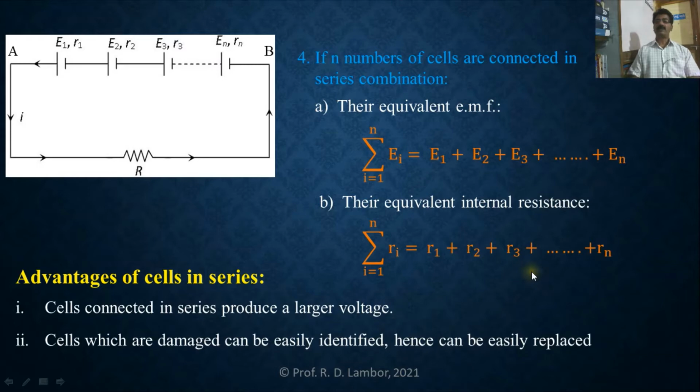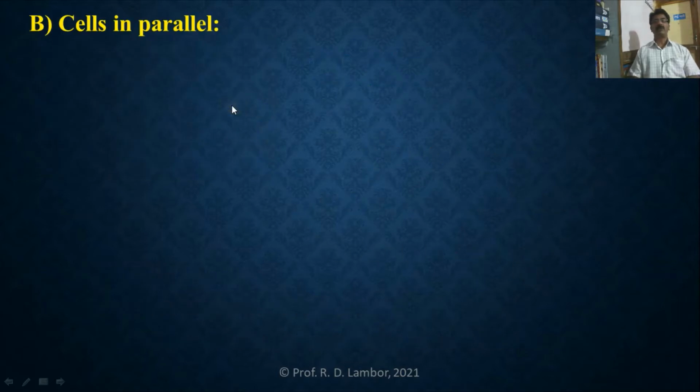So let us learn the second type of combination of cells, which is cells in parallel combination.